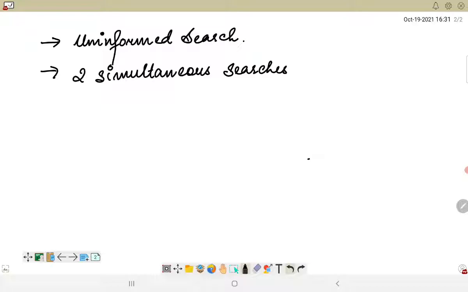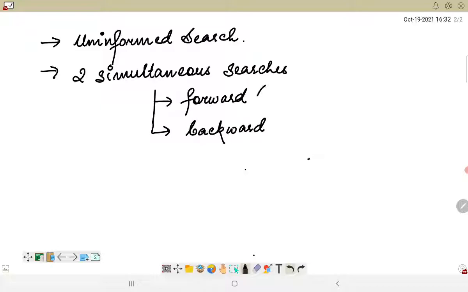These two simultaneous searches are known as the forward search and the backward search. The forward search goes from the initial state to the goal state.